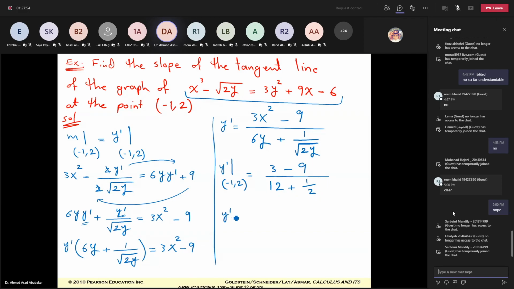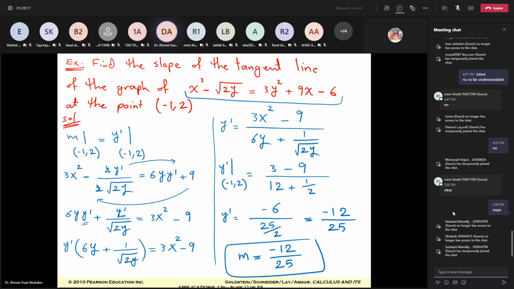So we have y′ equals -6 over (12 plus a half, which equals 25 over 2). So we take the reciprocal of the denominator times the numerator. So we have -12 over 25. So the slope equals -12 over 25. This is the slope of the tangent line for our example.